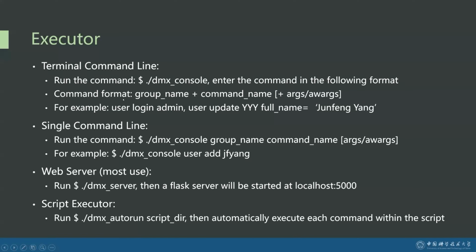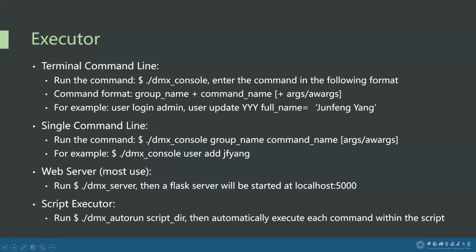The command format is the group name, the command name, and arguments if they exist. For example, for the login command, it is user, which is the group, plus login, which is the operation, plus admin, which is the argument, here the username. Also, for arguments, the format key equal to value is accepted.